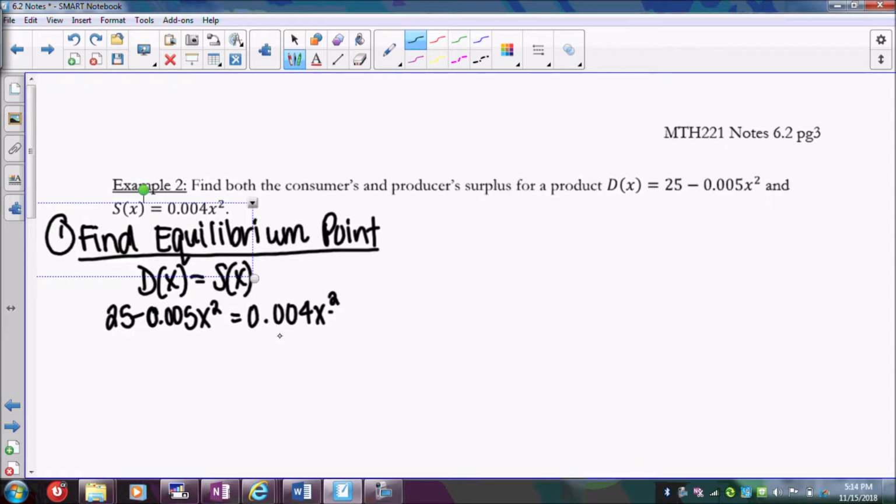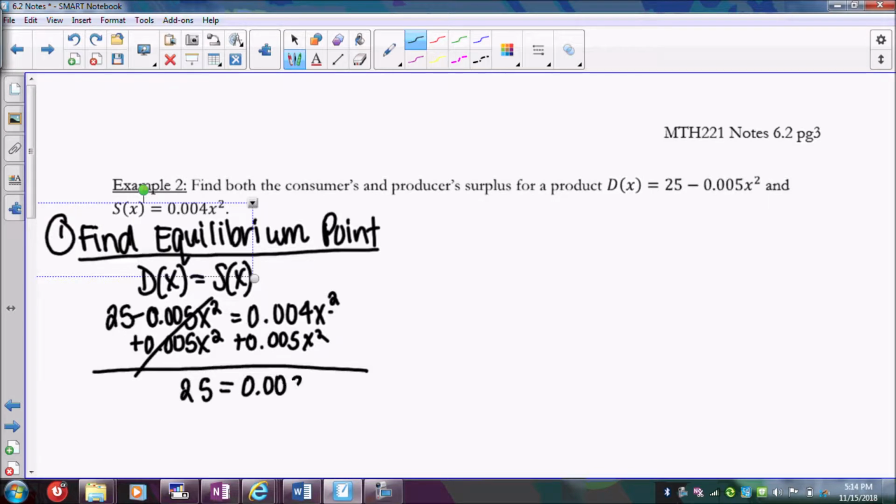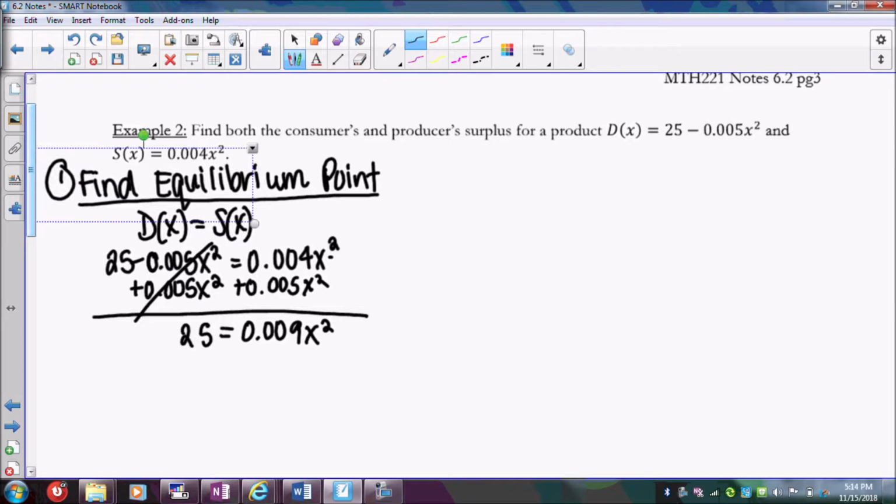Let me just bring this over first. So we end up with 25 equals 0.009 x squared. And what I want to do now is divide by that 0.009 so that I can get x squared by itself. So let's divide both sides by that.